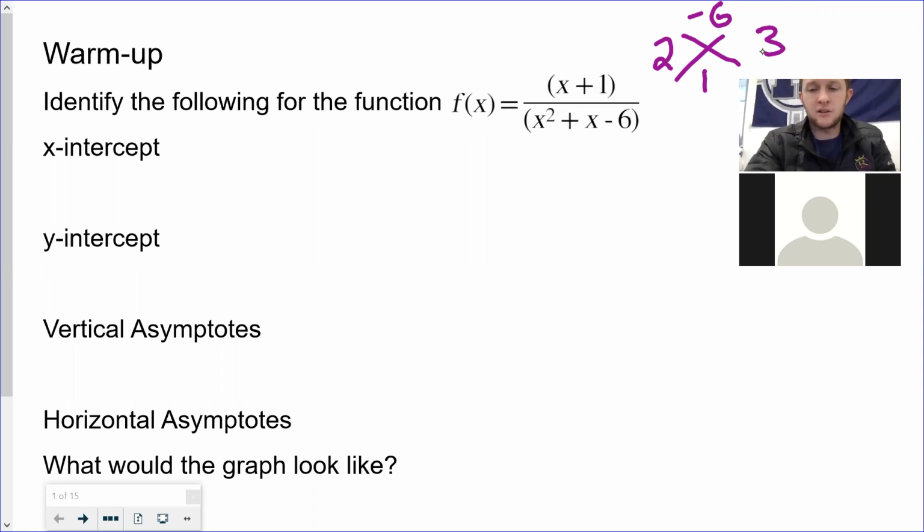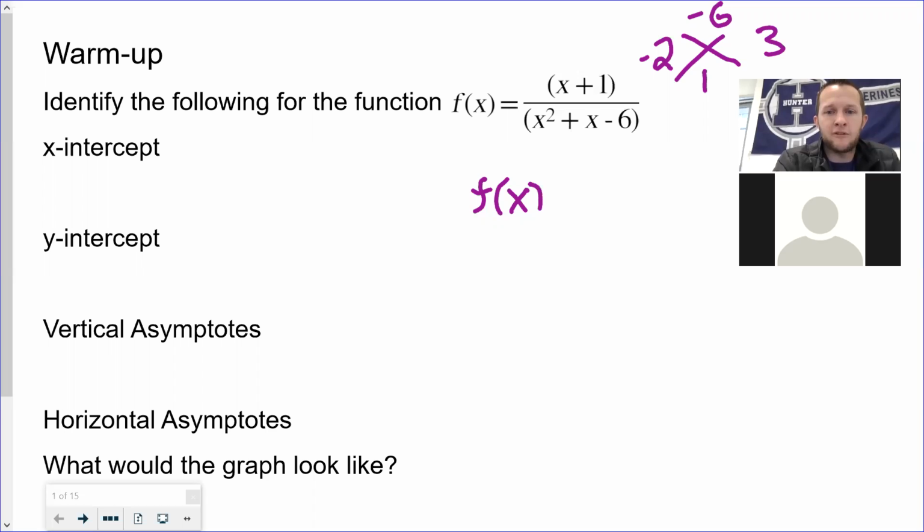Which one? I think it's the 3. So if the 3 was negative, it would multiply to -6, but then it would add to -1. So 2 negative, so then it adds to +1. All right, cool. So now, with that in mind, I can write f of x as x plus 1, and then x minus 2 and x plus 3.